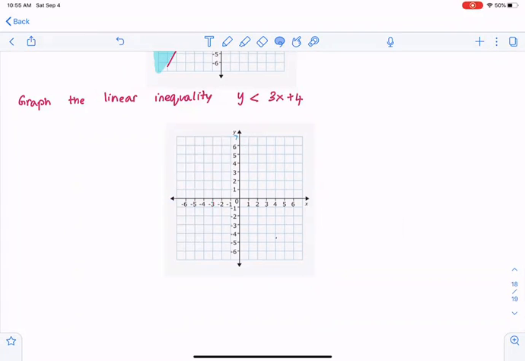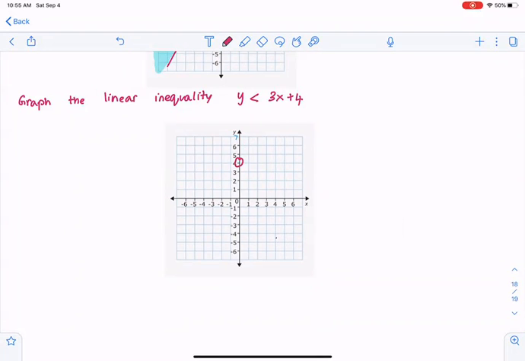So the very first step is to come up with points, and we know the y-intercept is 4, but since we don't have an equal sign in our inequality, I'm going to put an open dot.